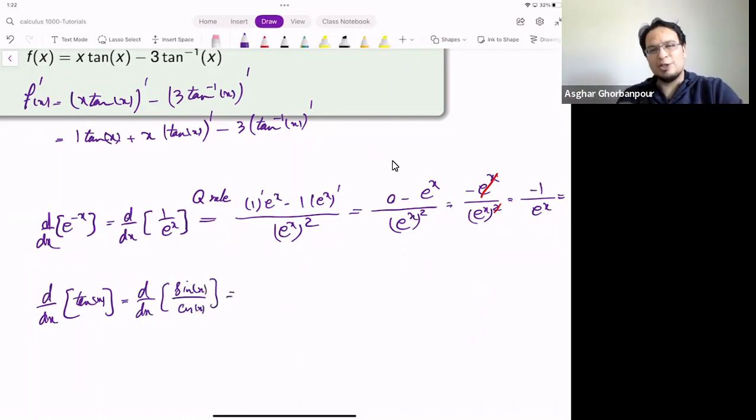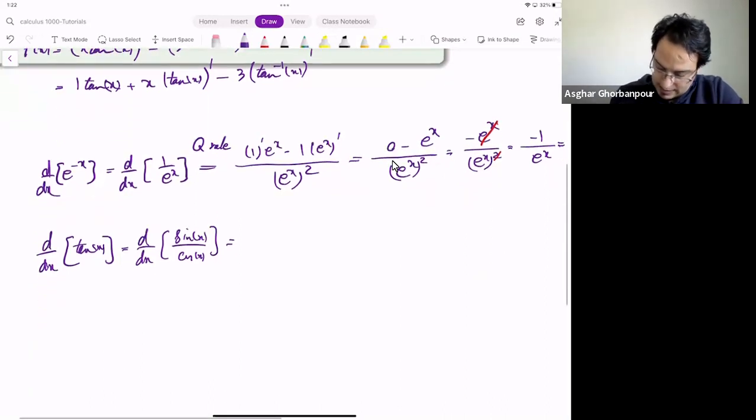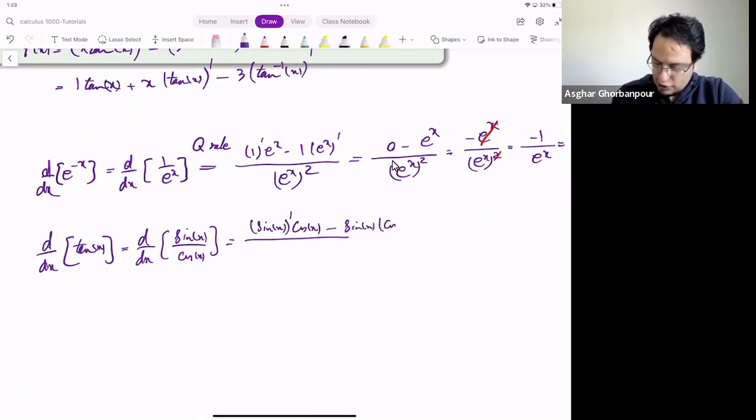I will use the derivative of sine and cosine to find this, but the derivative of cosine x you can find just by knowing the derivative of sine. So here, this is the derivative of the numerator times the denominator minus the numerator times the derivative of the denominator, over the denominator squared.